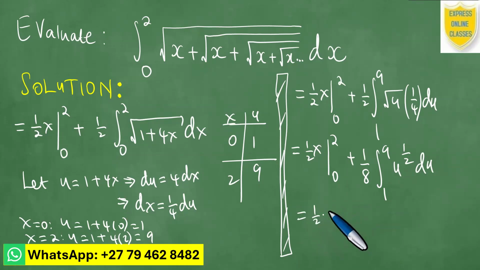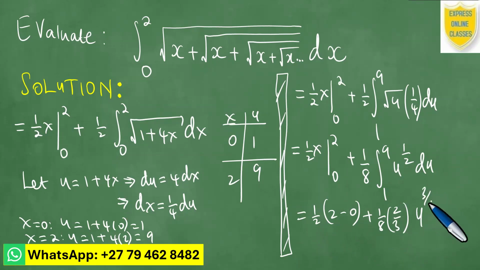We have 1/2 of 2 minus 0. And so we have 1/8 of this one, which is 2/3, and then we have u to the power 3 out of 2 from 1 to 9. So we have the following.